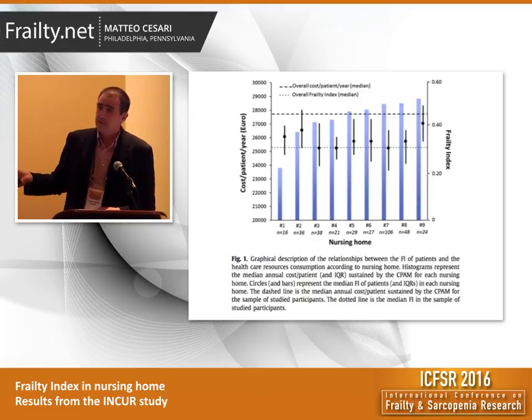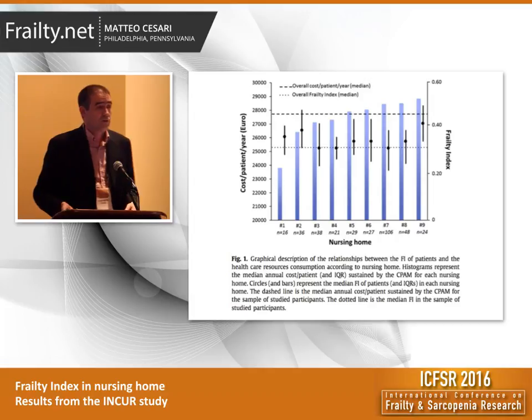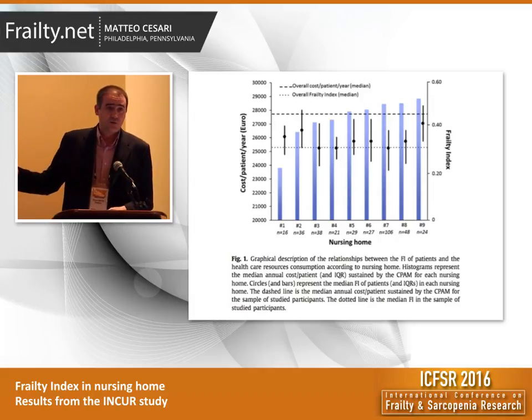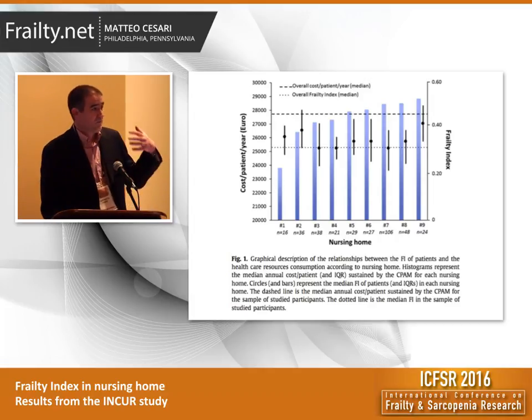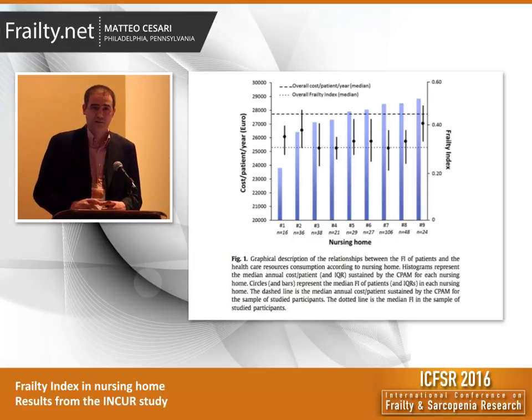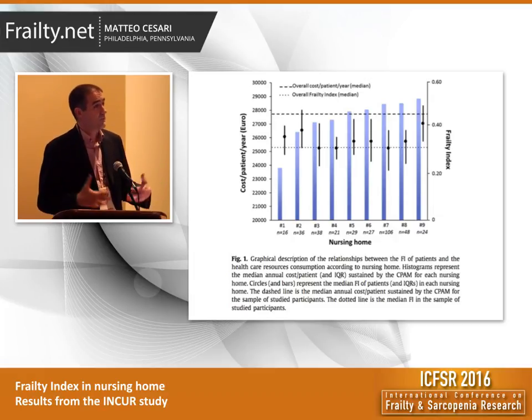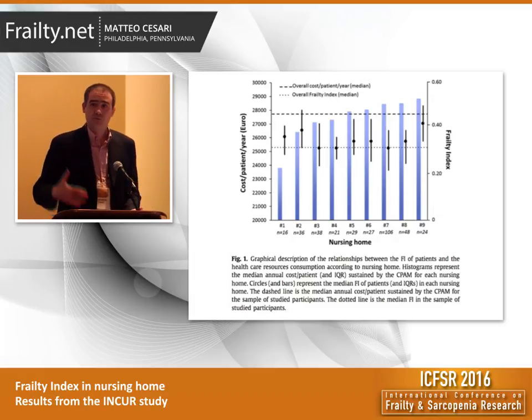And as you can see, by crossing this data, we can find nursing homes that are very expensive with a very low frailty index in their patients, and nursing homes that are very cheap, but with a very high frailty index.